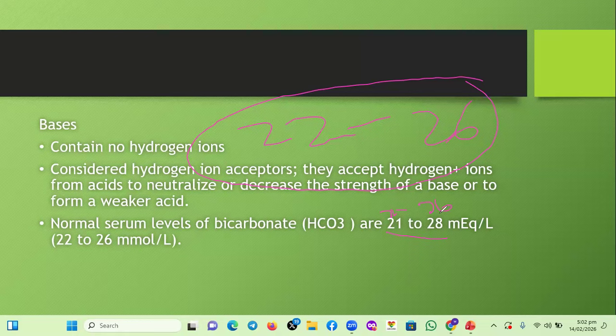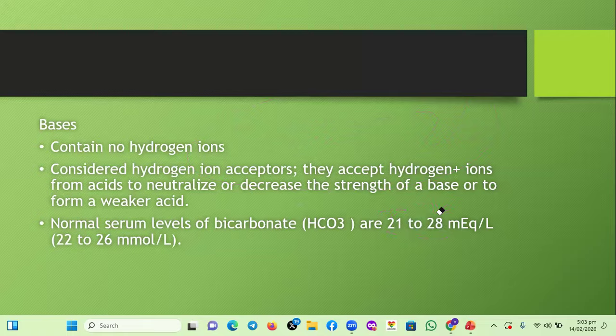And so in base, we don't expect to see more hydrogen ion. Bases are more of bicarbonate in nature, and the bicarbonate will lead to the system becoming base or basic, or alkalotic.